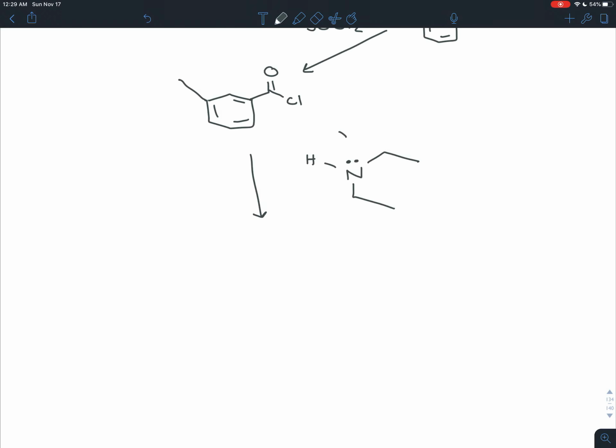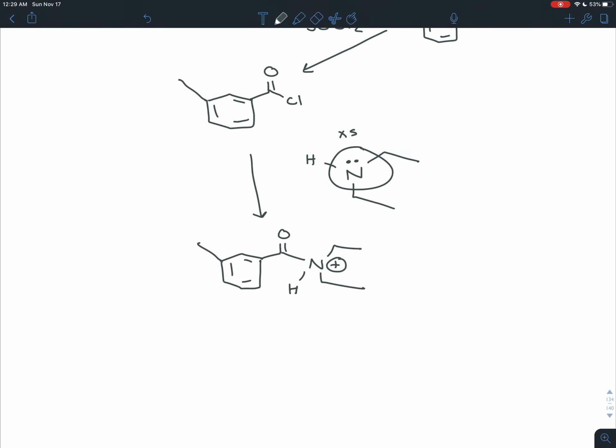Now, you would either want to treat it with excess of this or with some other base. I would treat it with excess of that, so you don't have to worry about any competing reactions. And the reason why you want excess is because after you add this first equivalent on, there's a hydrogen there that gives this a full positive charge. So you need to do a proton transfer.